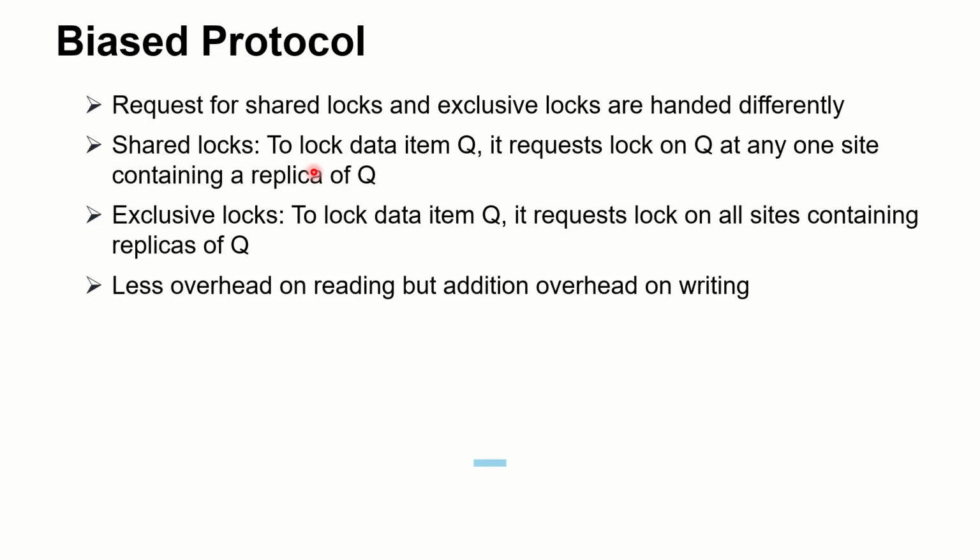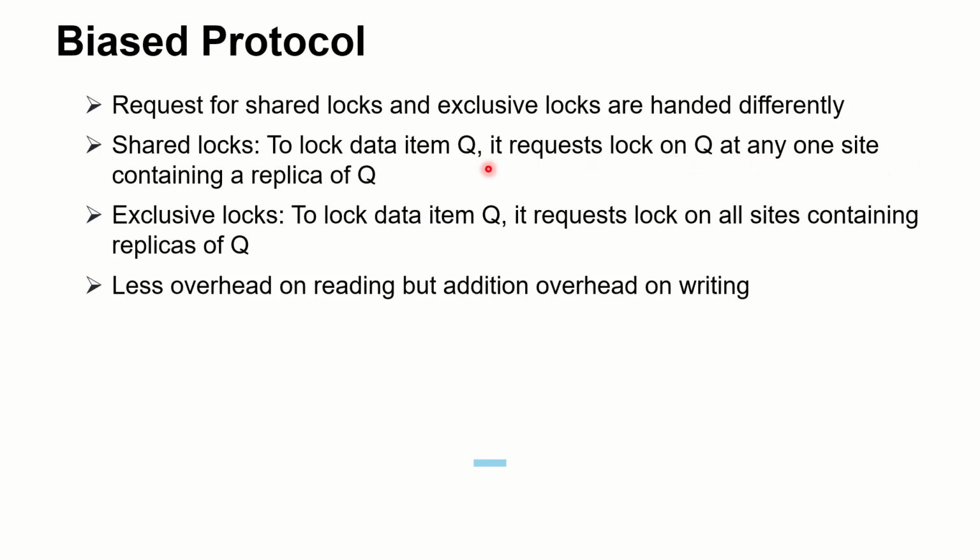In this biased protocol, if any transaction wants a lock on data item Q, it simply requests a lock on any one of the sites, and if it gets the lock from that site, it will proceed. That means it has a shared lock on the data item.